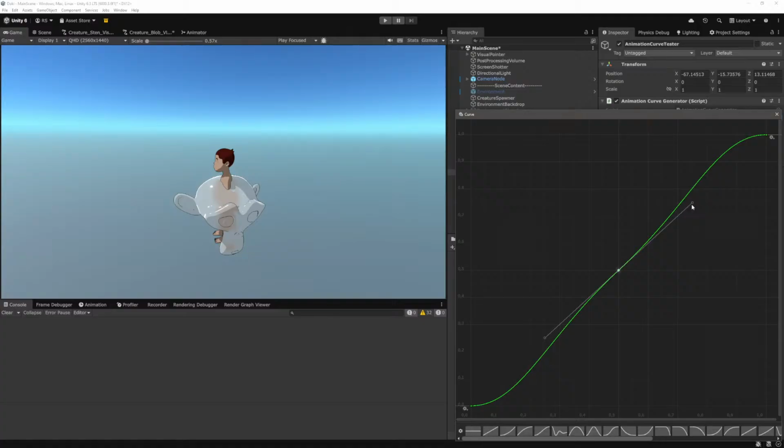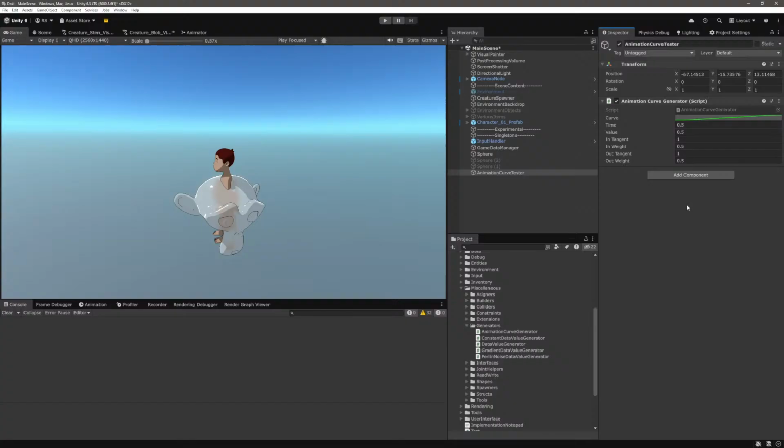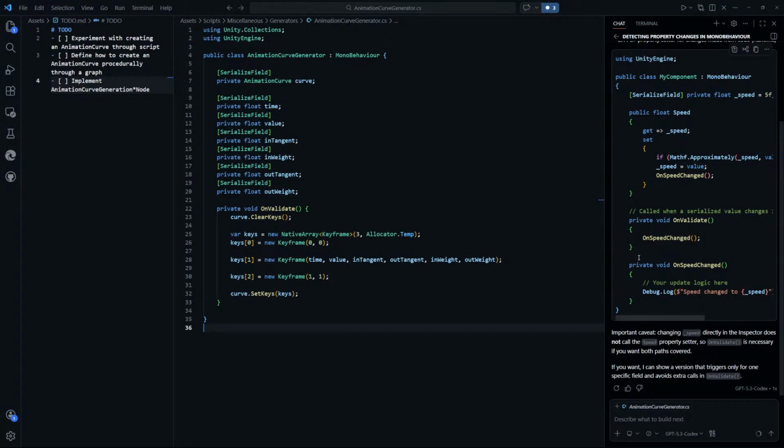Okay, so 0.5. Does that refer to... That's the length here, right? And then I wonder, positive value. So I guess, I don't understand intangent value.